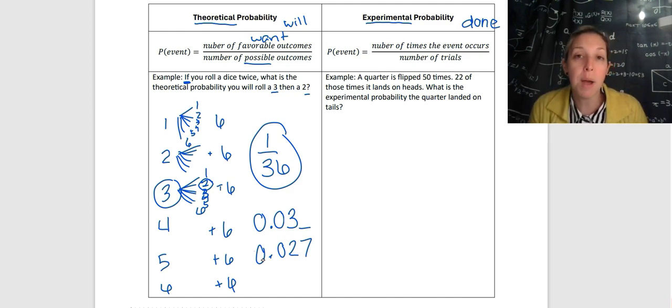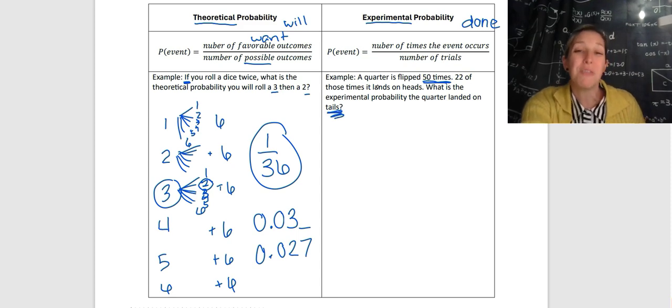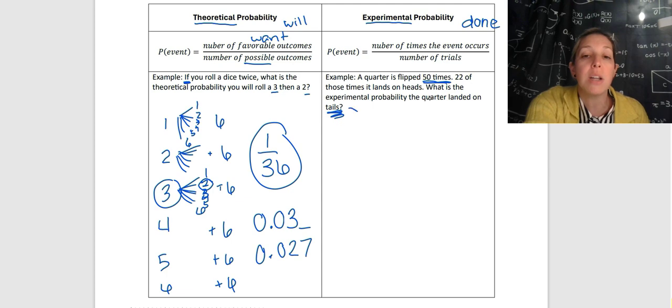Now, experimental probability, you want to make sure you read carefully. So this example says a quarter flipped 50 times. That's our number of trials. 22 of those times it lands on heads. What is the experimental probability the quarter landed on tails? So first of all, we need to do a little extra math here. So if it landed on heads 22 times, that means it landed on tails 50 minus 22.